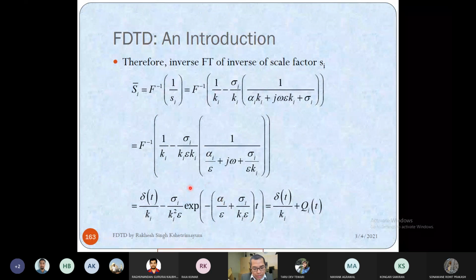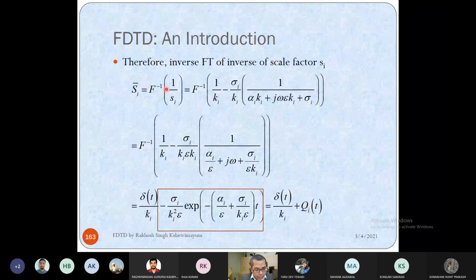Finally, I will express this whole term as Qi(t) in a very compact notation. So the Fourier inverse of 1 by Si can be expressed as delta(t) divided by Ki plus Qi(t), where Qi(t) is this boxed term here. So we have got the Fourier inverse of the 1 by Si term.